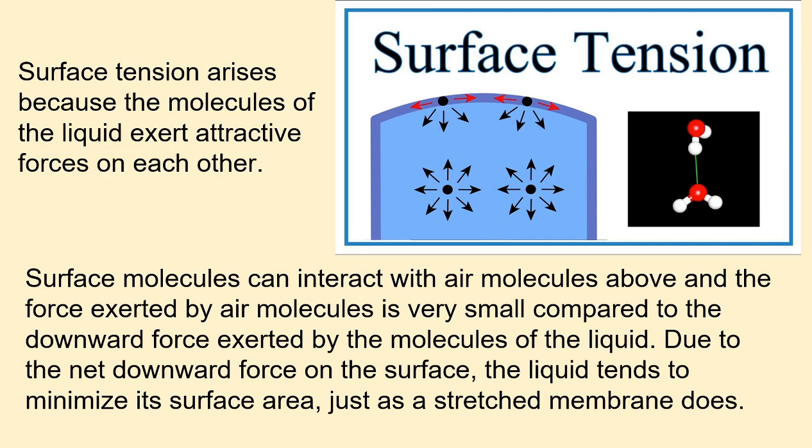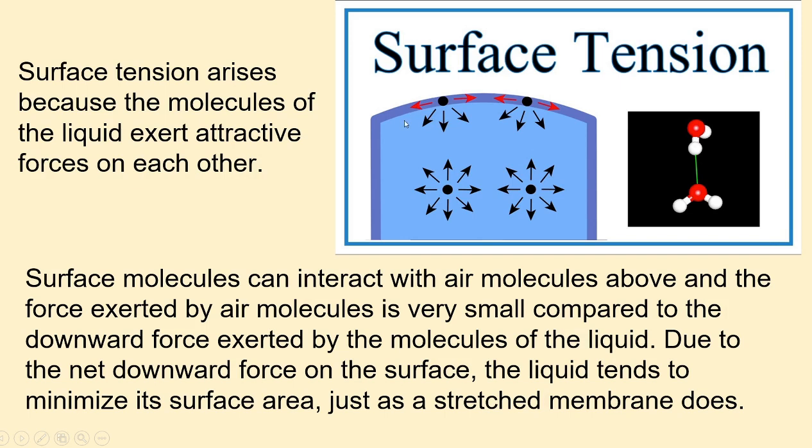So there is a net force acting on the surface molecules, due to the attractive force of the fluid molecules just below the surface of water. So there is a net downward force acting on the surface.